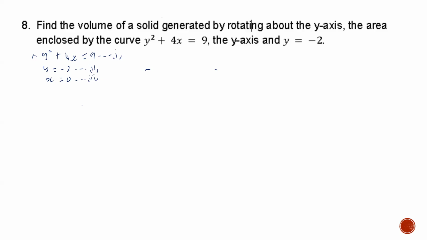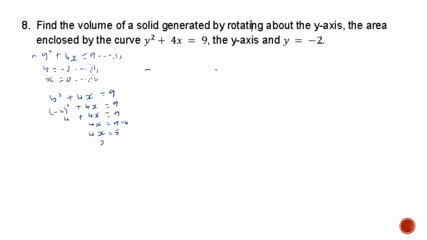So I'm going to start with y is equal to -2. I'm going to say y squared plus 4x is equal to 9. Using equation 2, y is equal to -2, so this will be -2 squared plus 4x is equal to 9. This is 4, plus 4x is equal to 9. 4x is equal to 9 minus 4, so 4x will be equal to 5.